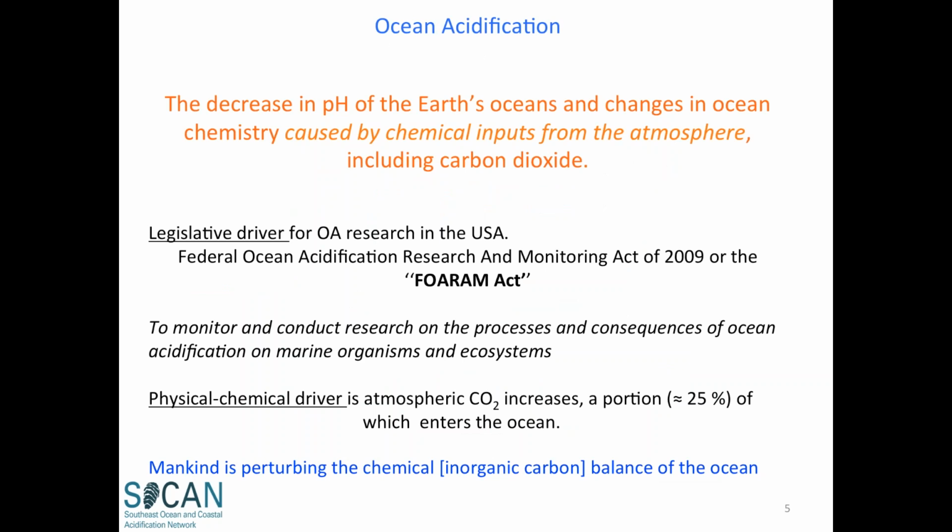In this act, they define ocean acidification as a decrease in the pH of the Earth's ocean and change in ocean chemistry caused by chemical inputs from the atmosphere. I've italicized that. They mention including carbon dioxide, and I would state primarily carbon dioxide.